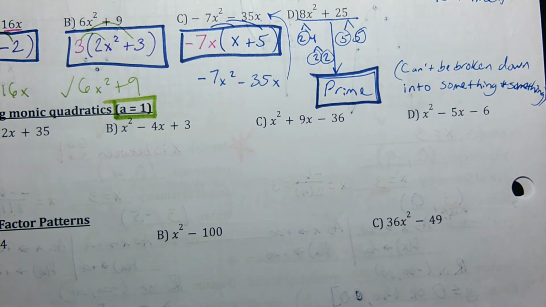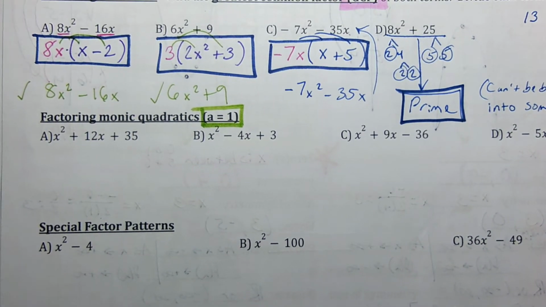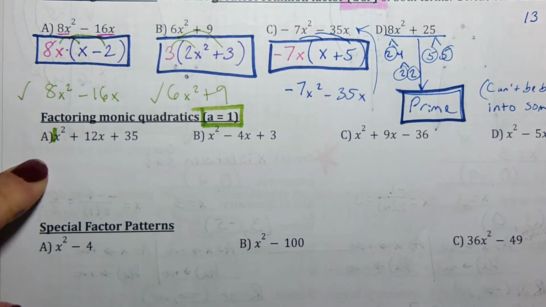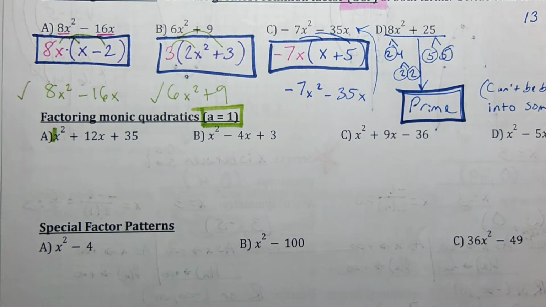So let's go ahead and take a look at this first expression. Now, looking at A, can I take a number out of everybody? This has a coefficient of 1, so using that strategy of yesterday of looking at the smallest number and trying to take its factors out of everybody, if our GCF is 1, that's not really going to help us with factoring this.